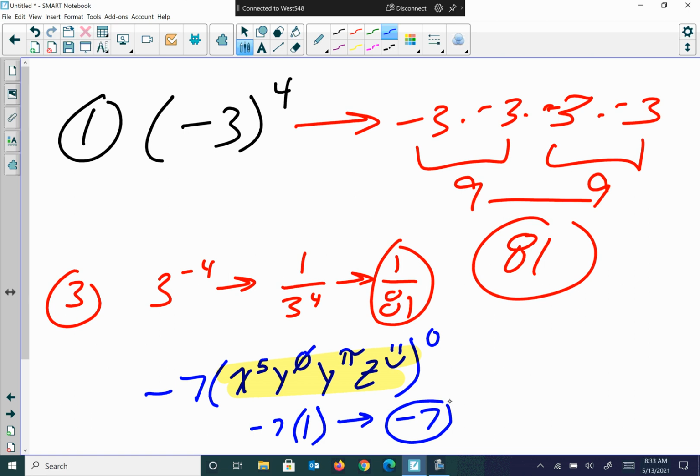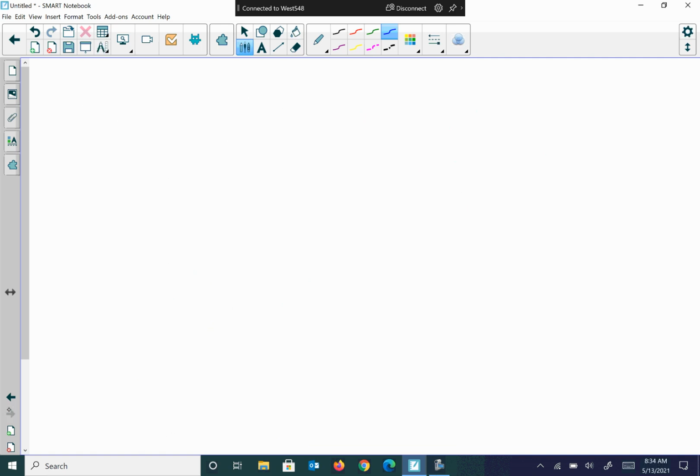So if there's something out in front of something that becomes 1, then you just multiply it to something outside. The reason why the whole thing isn't 1 is this is saying negative 7 times this, times that whole quantity. So we replace the yellow being the 1, and then we multiply by negative 7. So that's just added bonus. I was thinking about that today, maybe I should show them that.